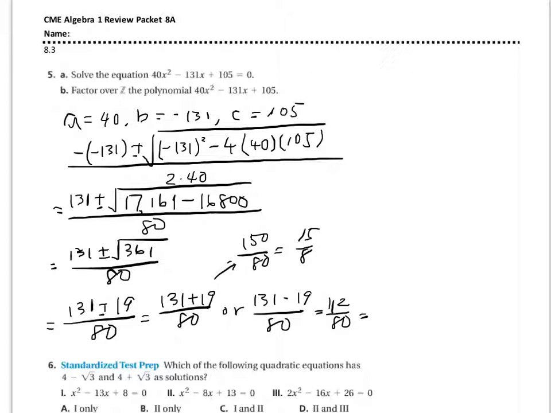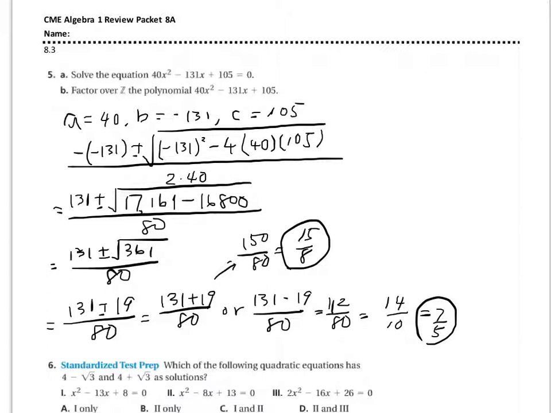You can divide both numbers by 8, right? Yeah, so it's 14 over 10, which is 7 over 5. So those are the two solutions: 15 over 8 and 7 over 5.